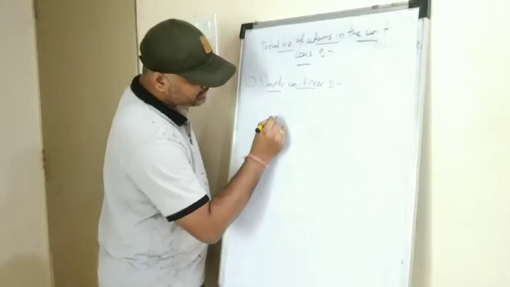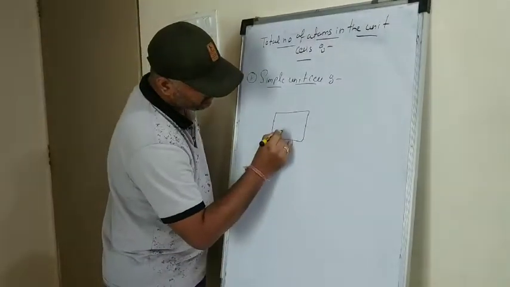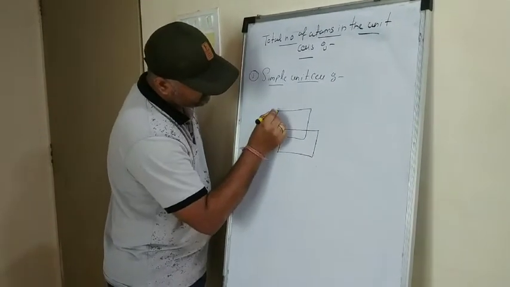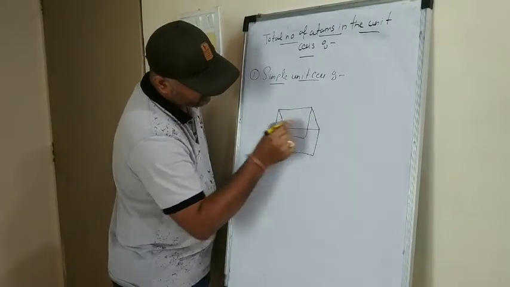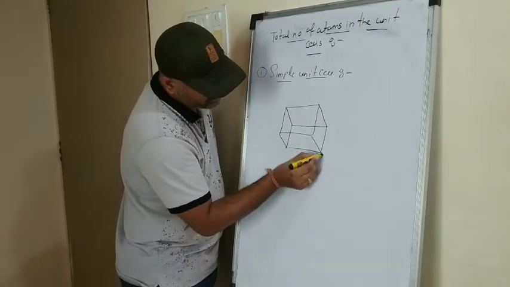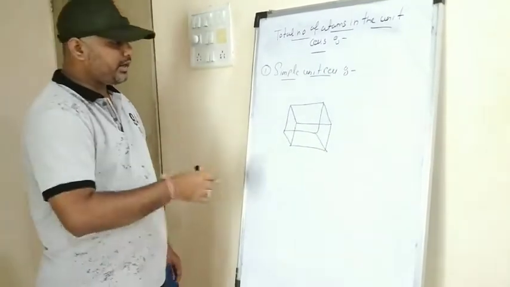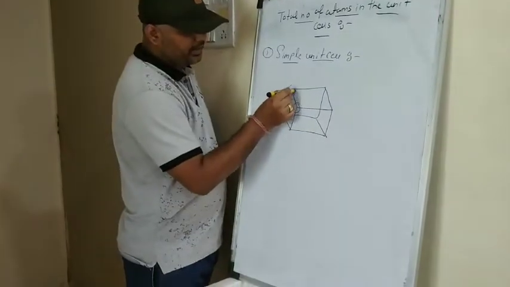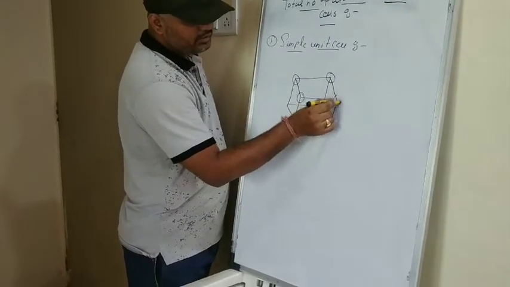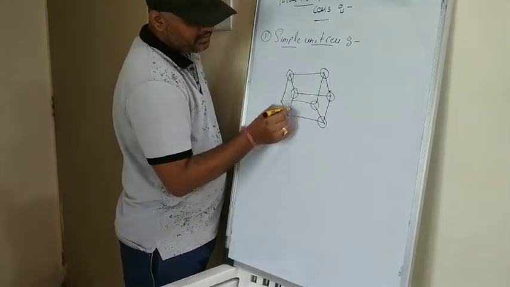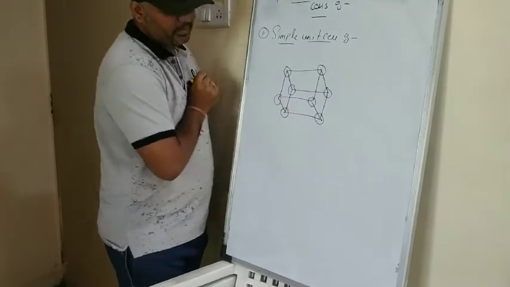So let's draw the simple unit cell. So this is our simple unit cell. You all know that every unit cell contains 8 constituent particles at the corners. So let's draw these 8 constituent particles. Right?